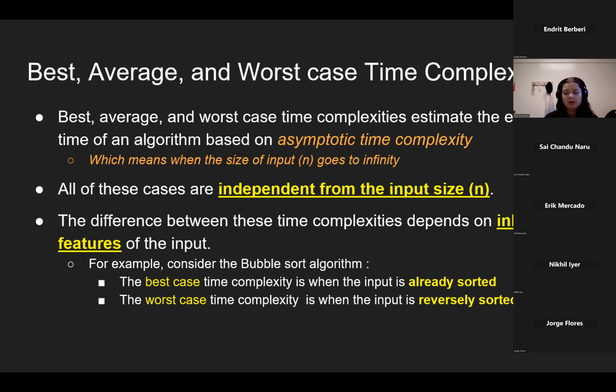That's what you're going to have to consider when you're writing your own code, when you're reading someone else's code. How will the type of input that you're given determine the behavior and the complexity of your algorithm?